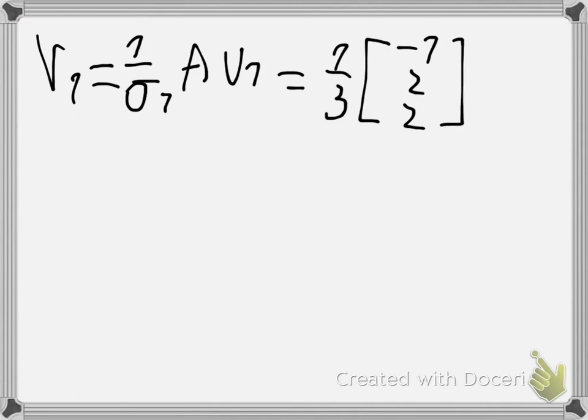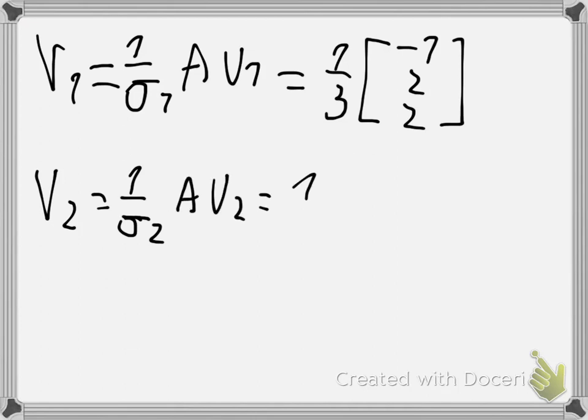Okay? And V2 will be equal to, if you do the same thing, 1 over sigma 2 times A times U2, to give you 1/3 times (2, 2, negative 1).